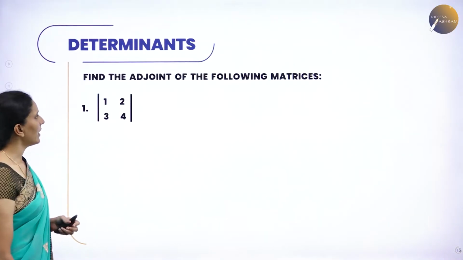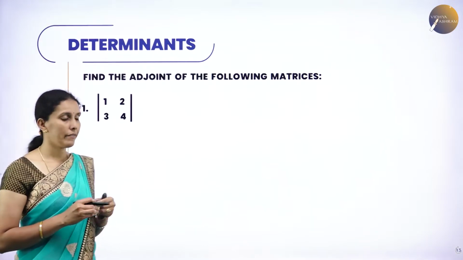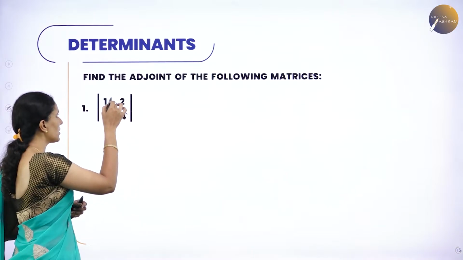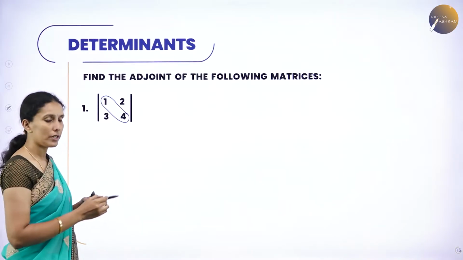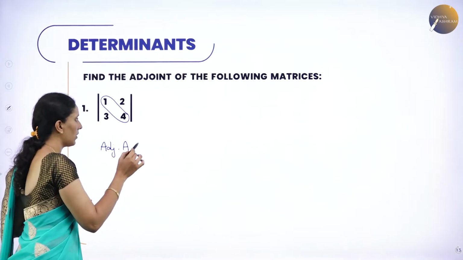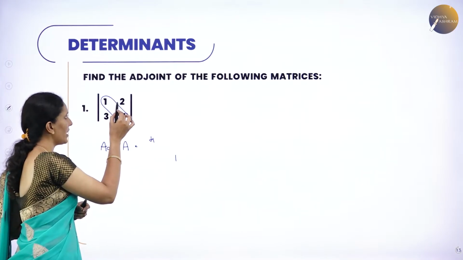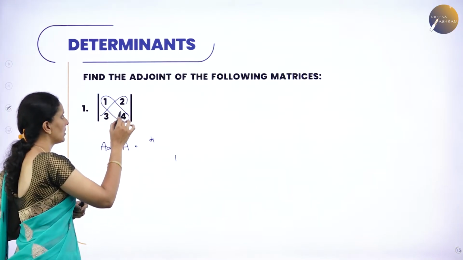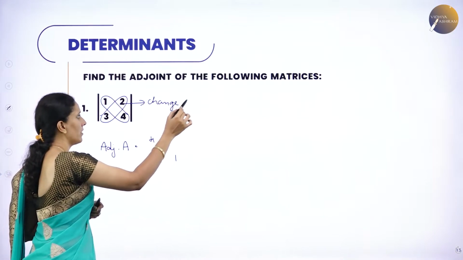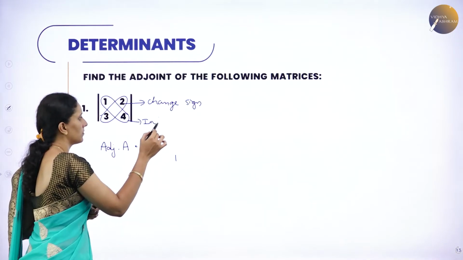Next is, find the adjoint of the following matrices. Here the determinant A is given. Now to find the adjoint of this matrix, interchange the principal diagonal elements. So adjoint A is equal to, interchange these two, that is, we write 4 and 1, and change the sign for the other elements.